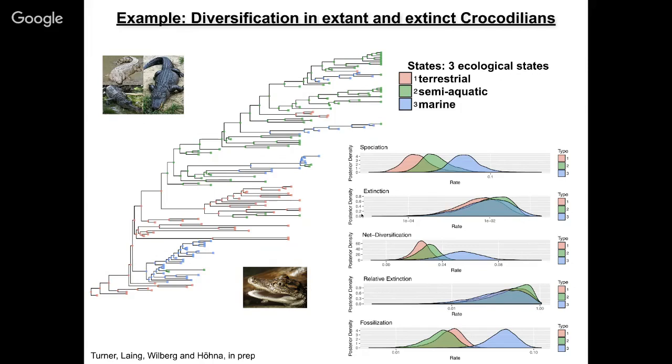So we can also see that it's not only the speciation rate that is much faster for the marine crocodilians, but it's also the fossilization rate and the net diversification rate. Why in the end all the marine crocodilians went extinct can't really be seen from this analysis, but it's mostly driven by the state changes, that most of the marine crocodilians then moved back to a semi-aquatic environment or habitat.